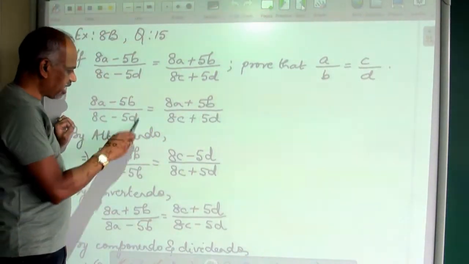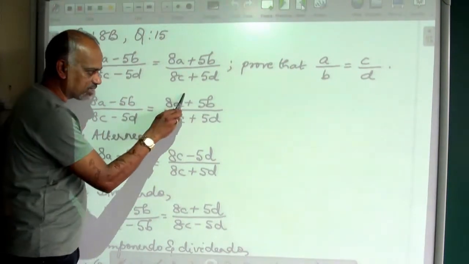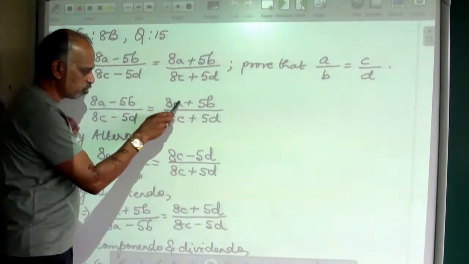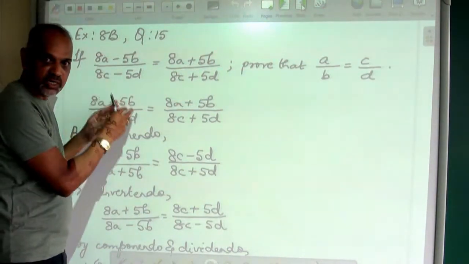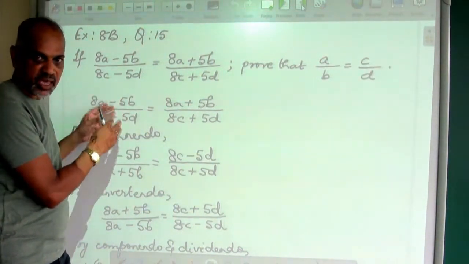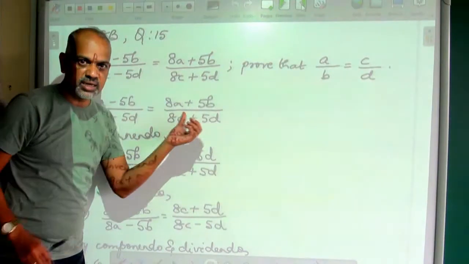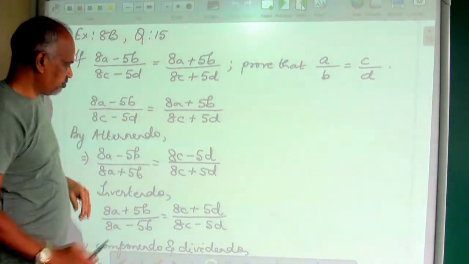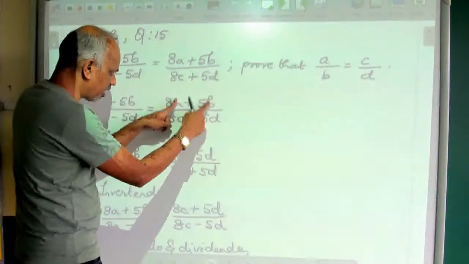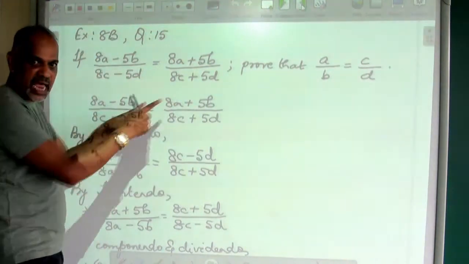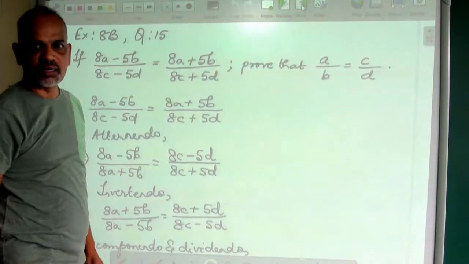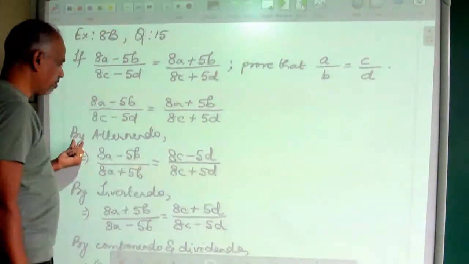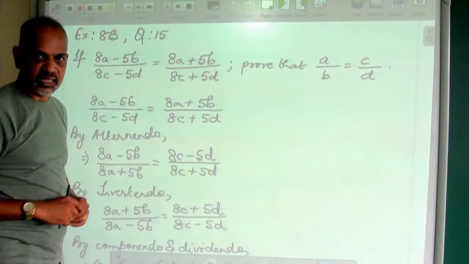So this C and D term should be going that side, and the A and B term should be coming this side, so that everything this side is only in terms of A and B, and everything on the other side is in terms of C and D. Which means this has to go there and this has to come here. That property of change of this and this is called alternendo. So by alternendo is the first property that I am going to use.